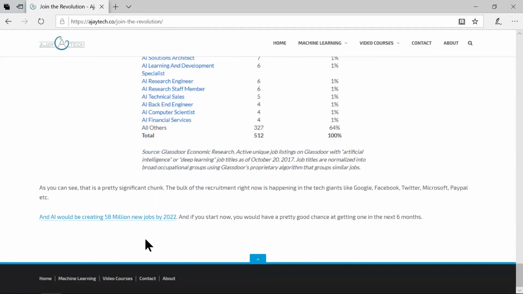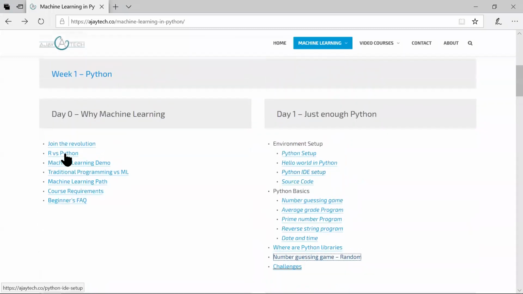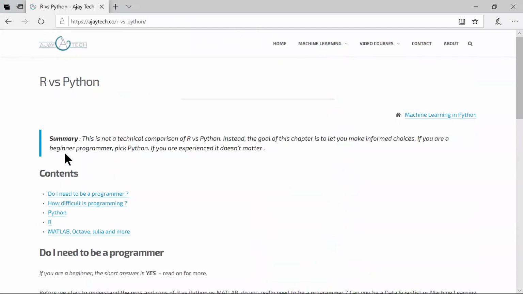Okay, now let's go back and look at R versus Python. What is R? What is Python? Most of you might know Python already because it's so popular. But R, the letter R, is also another popular programming language. It's specifically designed by statisticians for dealing with statistics. Now I'm using a new word here, statistics. Why am I using the word statistics?